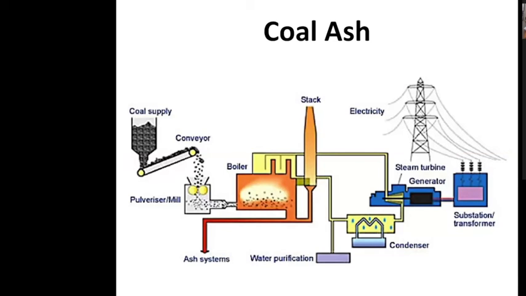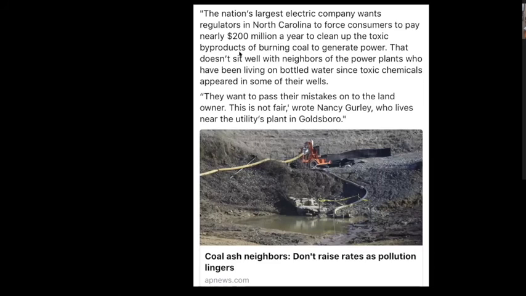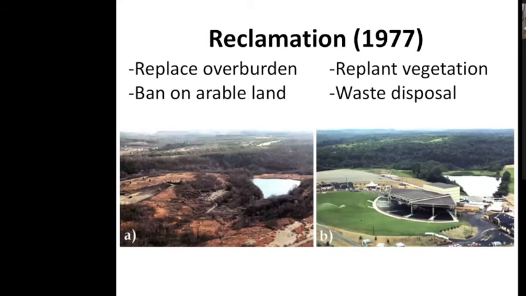We don't always succeed. In North Carolina, they're paying $200 million a year to deal with coal ash. And of course, the power company just raises everybody's bills. They're not going to cut into their profits. So everybody pays a little higher bills because we're trying to figure out what to do with all this pollution.